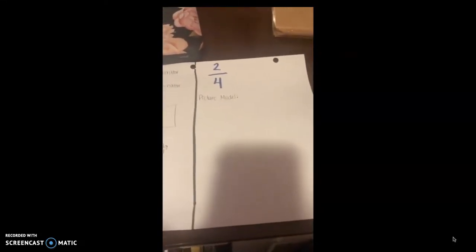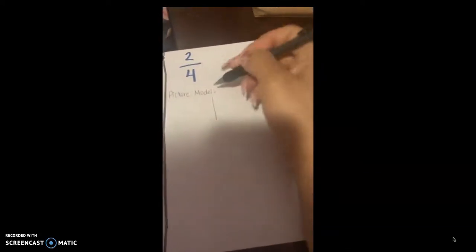Now, moving on to the next fraction, 2 out of 4. Now, in a picture model, I would have my rectangle. And remember, again, we said our denominator tells us how many total pieces we have.